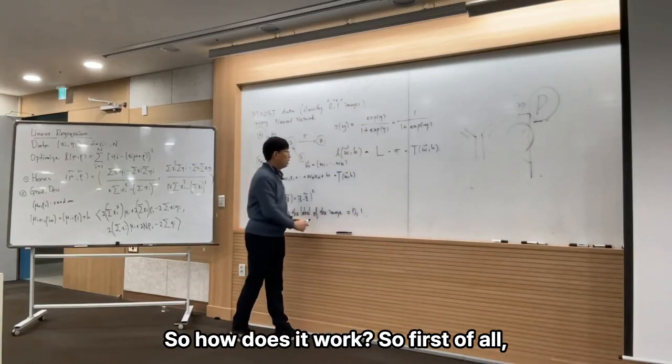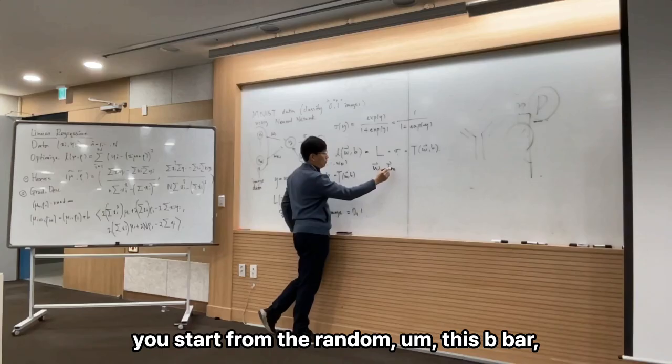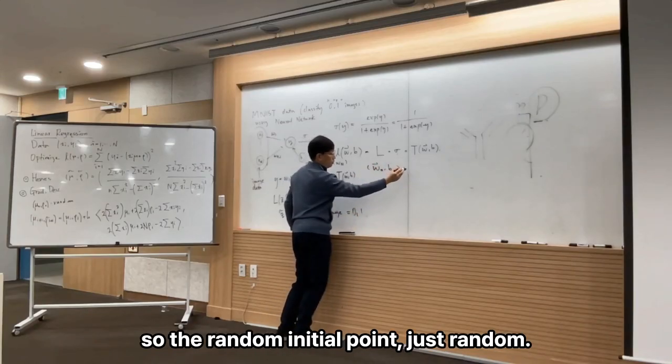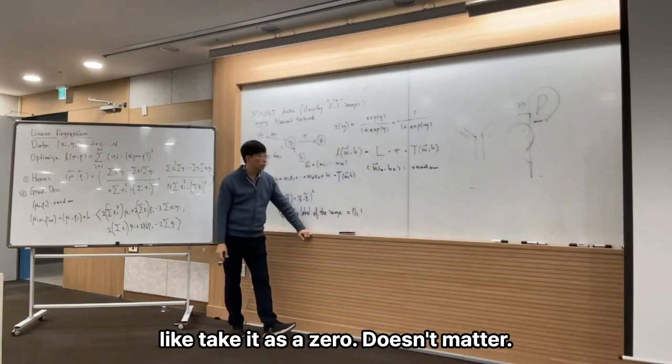So how does it work? First of all, you start from a random initial point for this (w, b), just random, or you can take it as 0, it doesn't matter.